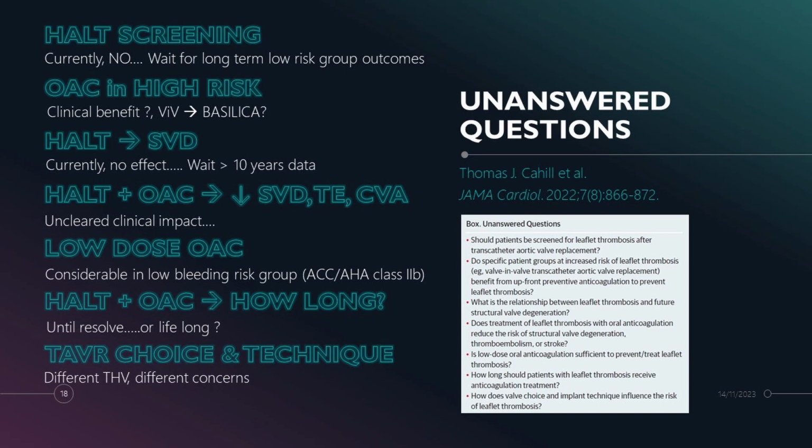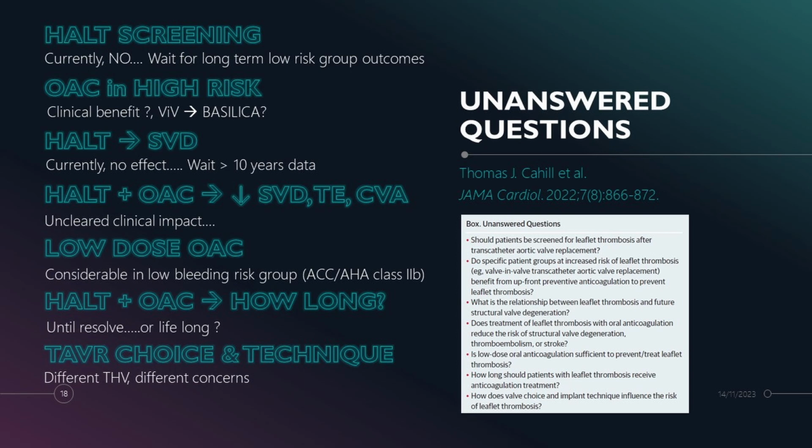HALT may be one of those factors. Yes, I think oral anticoagulation may have a clinical benefit in patients with high risk of thrombosis, but not high risk for bleeding, for sure. And if we perform valve-in-valve, should we do BASILICA in every case? I think we cannot answer it yet.